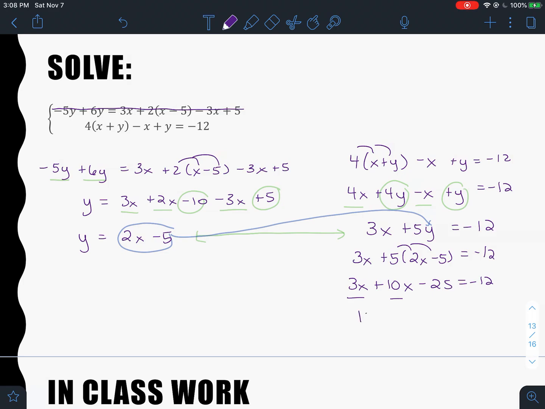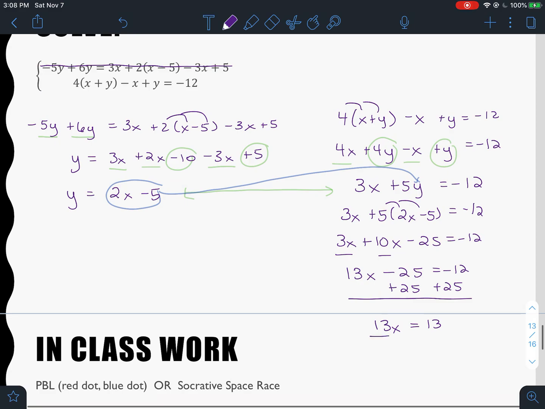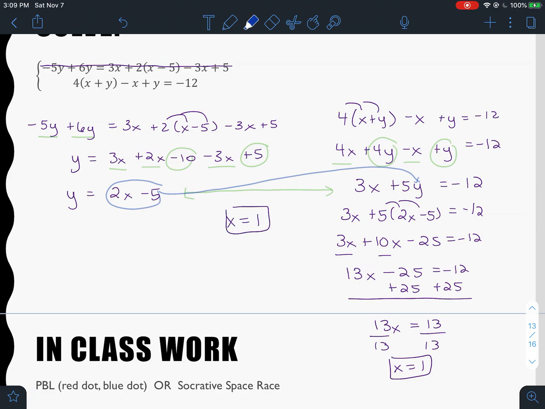So 3x plus 10x minus 25 equals negative 12. Combine the like terms. We have 13x because 3x plus 10x is 13x. They're on the same side. Minus 25 equals negative 12. Add the 25 over. And we get 13x equals 13. Divide by 13 on both sides. And x is going to equal 1.